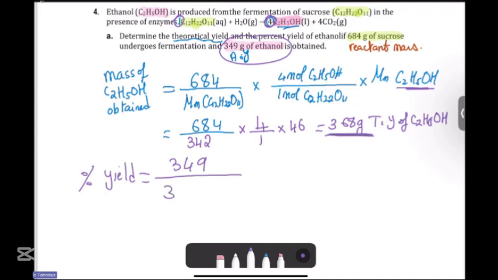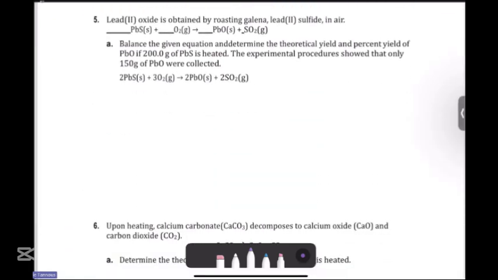Always, you will know actual is less. You're not going to get over 100%. Result times 100. So it is 349 over 368 times 100. Whoa, that's 94.8%. Moving on.